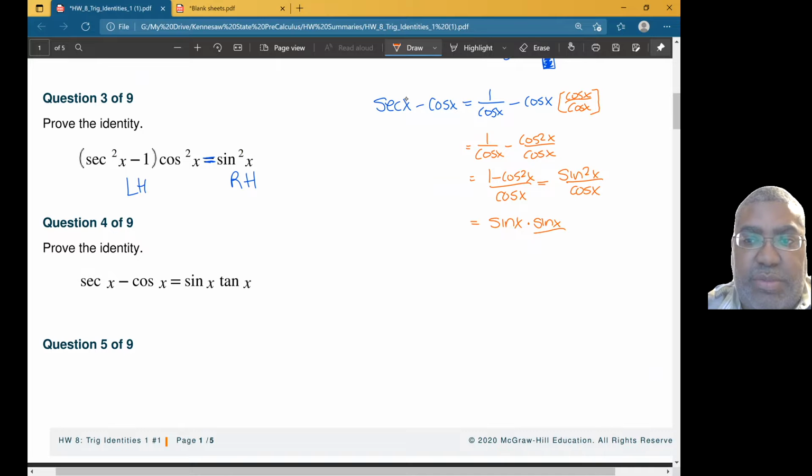We'll pick this one. And sine x over cosine x, sine x times tangent of x. And we're done. Because now we match it with the right hand side.